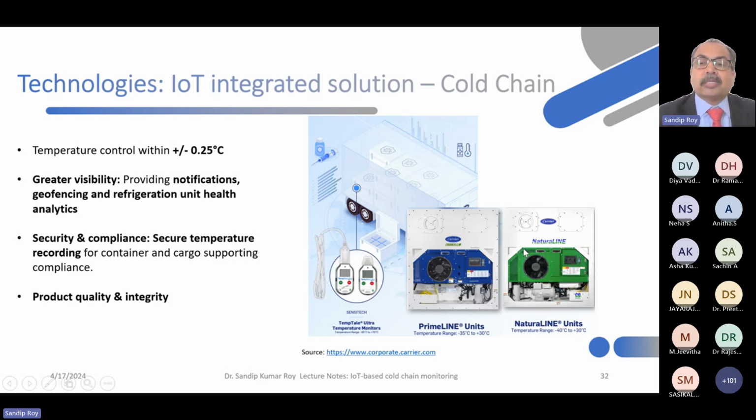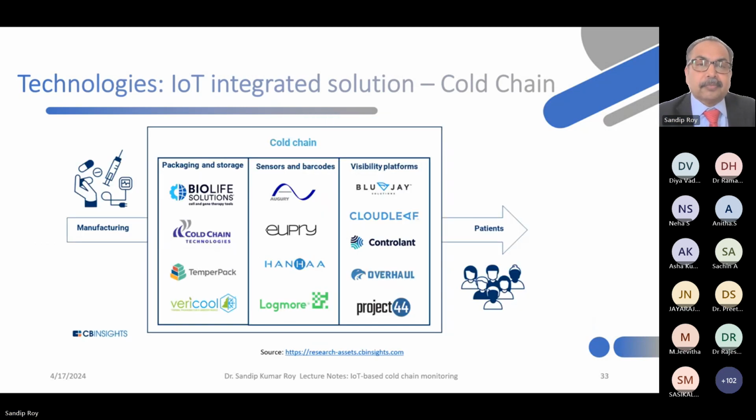I have given the two product names here. It can be secured, so nobody else can hack the system and cause havoc by increasing the temperature, things like that. It's a very high quality product which can help you manage the temperature within the system you want to build, basically for cargo.